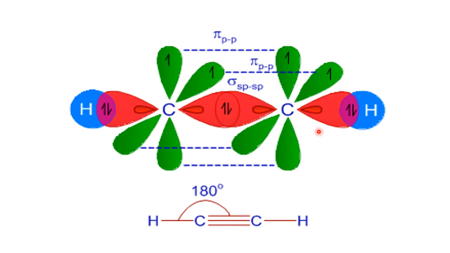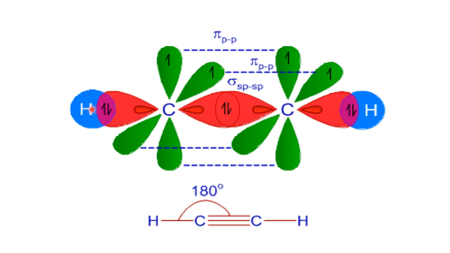This carbon with sp, this carbon with sp, a linear structure. So the lobe of this carbon and the lobe of this carbon go for head-on overlap, an effective overlap, and a sigma bond is formed here. Now one more lobe is there on this side.